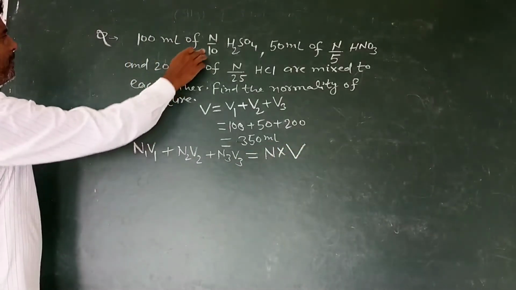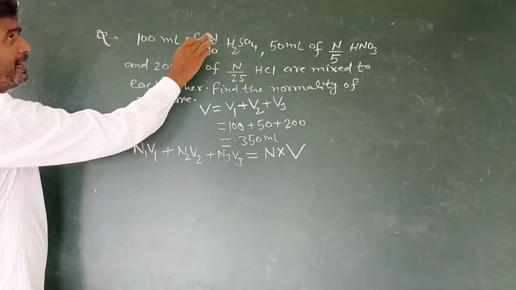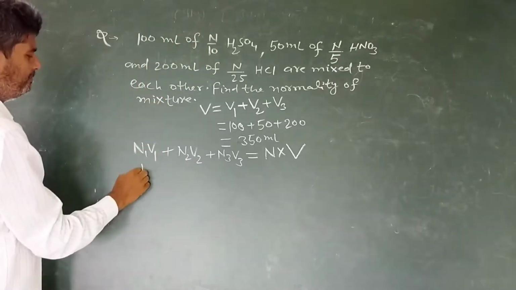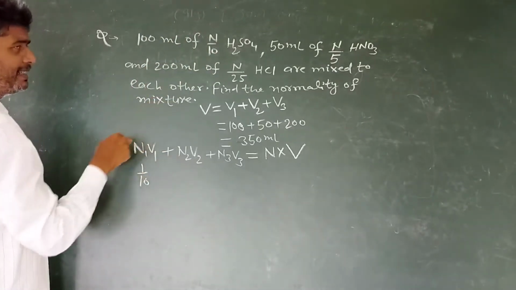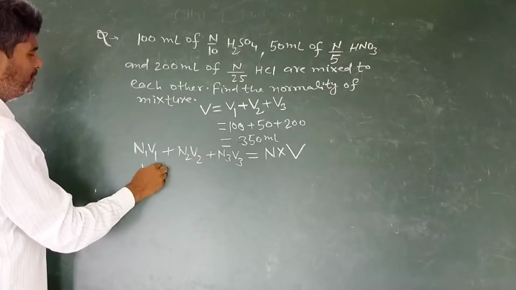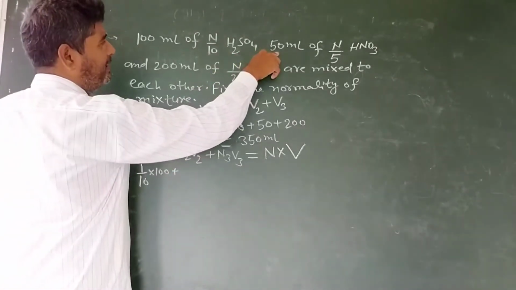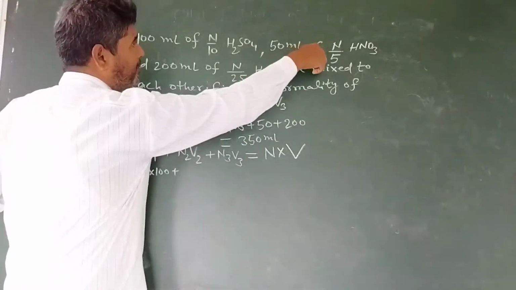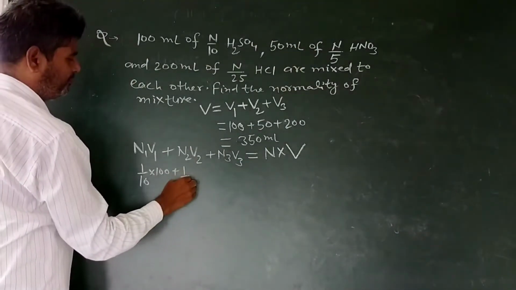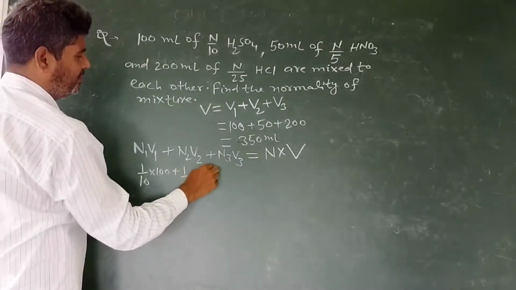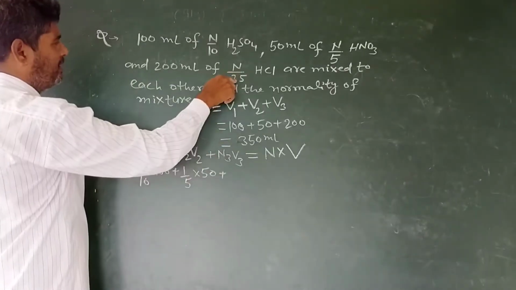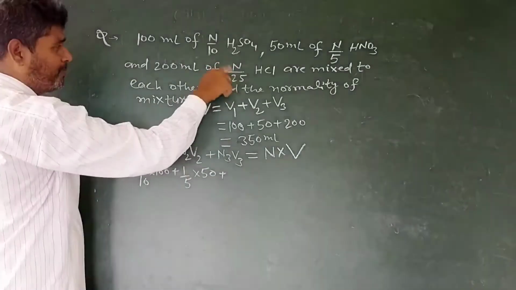The normality of the first is N/10. We will write only 1/10, since N is not written, into 100. For the second, the volume is 50 and the normality is 1/5. And for the third, the normality is 1/25.